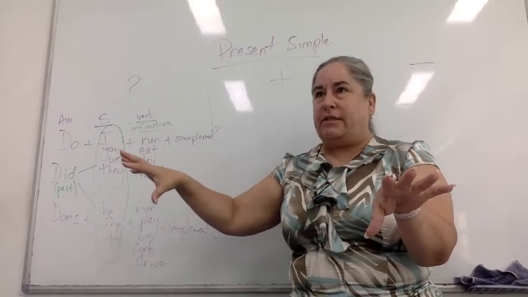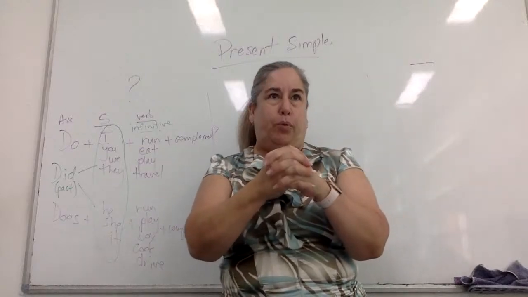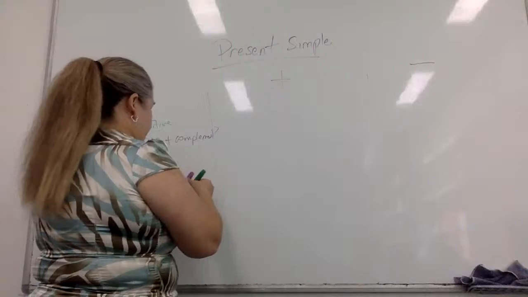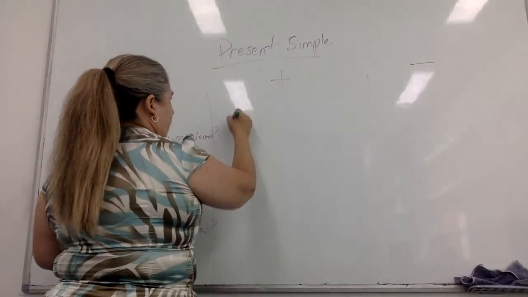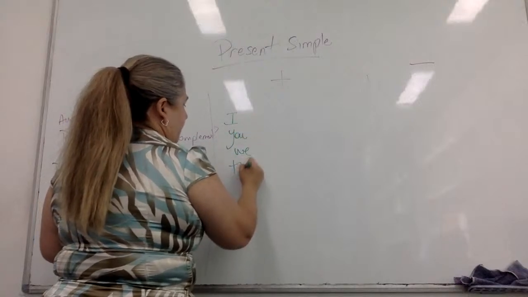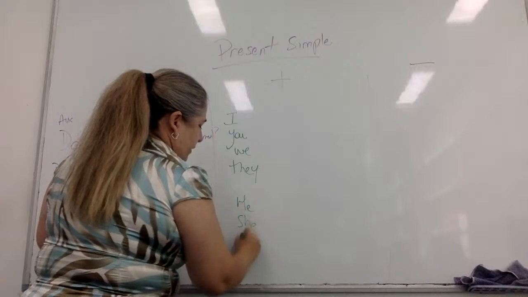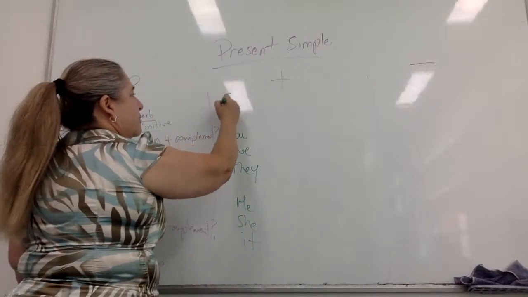But here we're going to connect them and pull them together. So here I'm going to say, for example, I, you, we, they, and we have our he, she, and it. So these are our subjects.